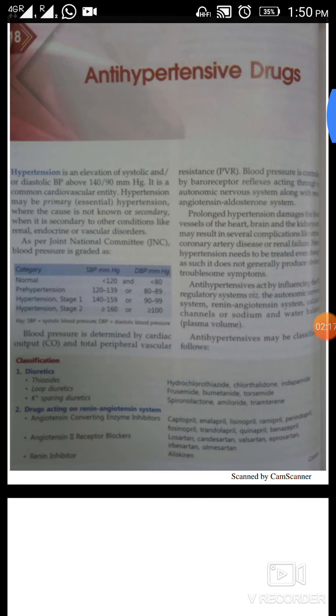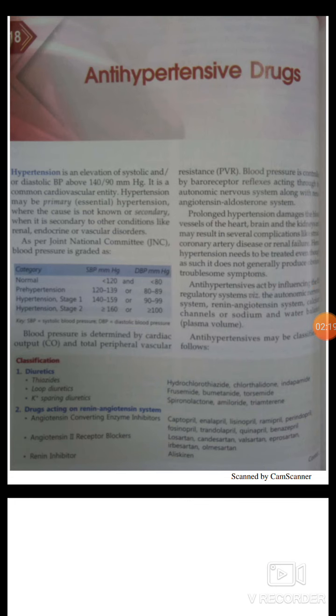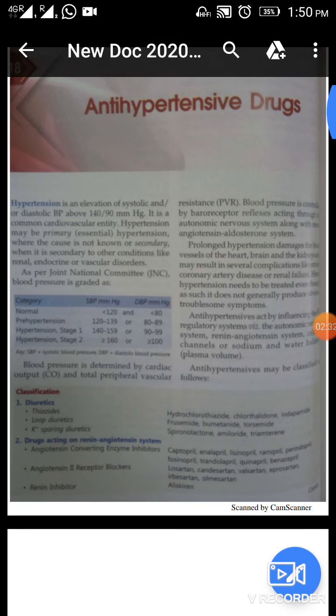Now, classification of antihypertensive drugs. There are generally five main classes, and they are again classified into subclasses, right? So let's start with the first one, that is diuretics. In diuretics, there are three classes, right? Thiazides, loop diuretics, and potassium sparing diuretics.